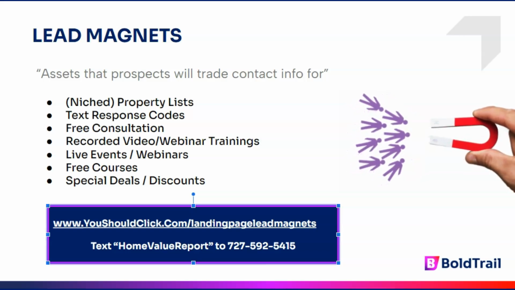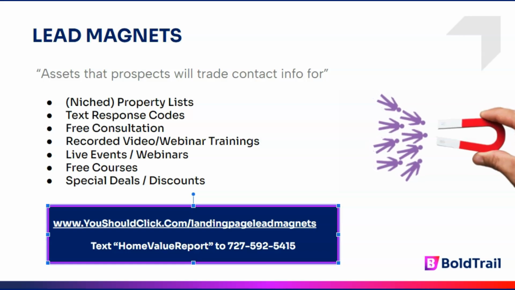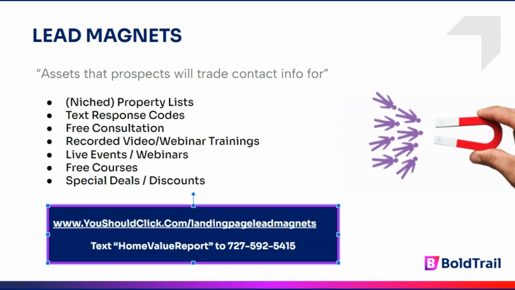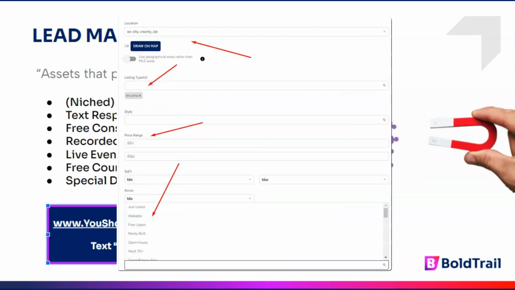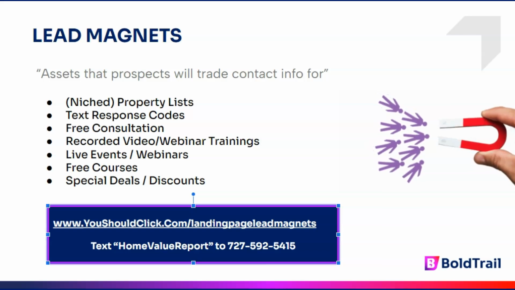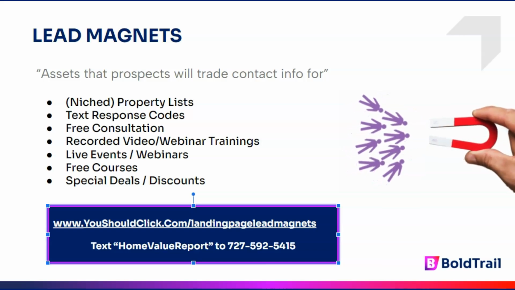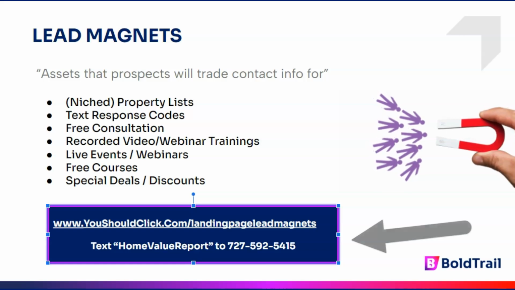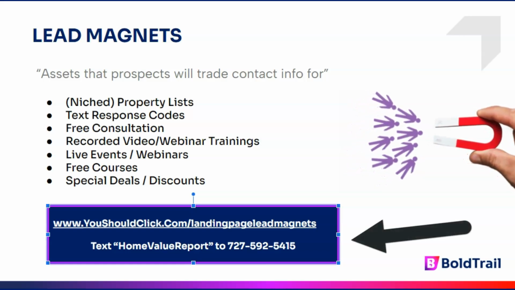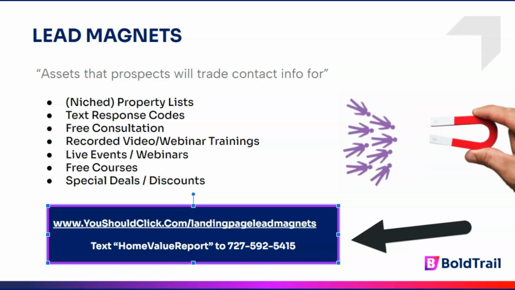Niche property lists are probably the easiest go-to because you don't really have to generate the content. You can just use the searches generated from a system like Bold Trail or KV Core, whatever you happen to be using. A next type of lead magnet would be text response codes. So text home value report to a specific number, and then you're offering a home value report, or you can offer one of your niche property lists with a text response code.